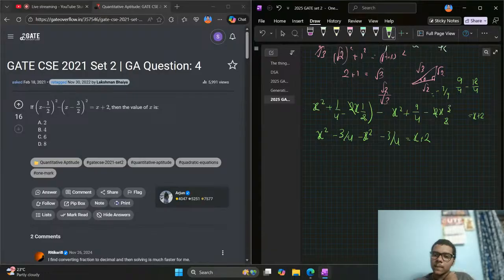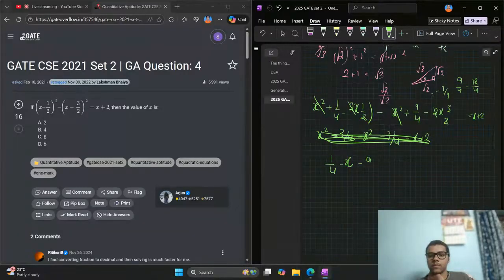X square cancels out. No, what are you even doing, man? X square cancels out. 1 by 4 minus x, minus 9 by 4. Alright, this is minus 3x. It will become plus 3x. 2x plus 2. 2x.